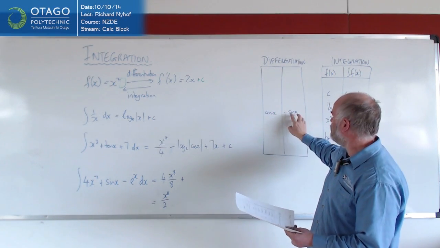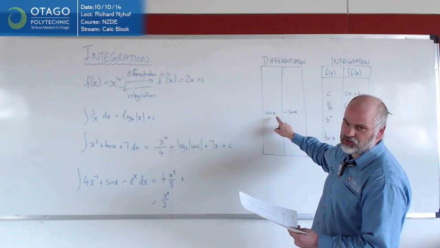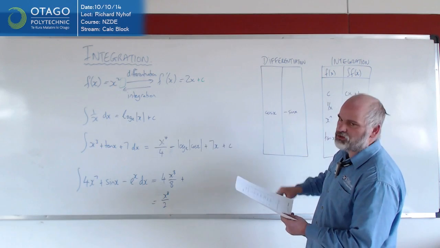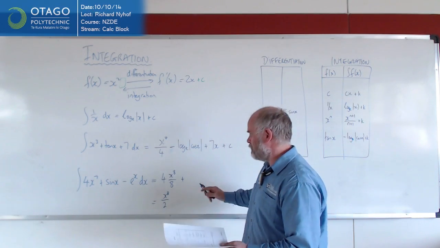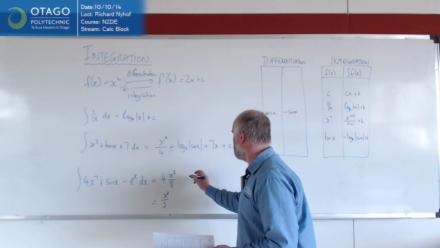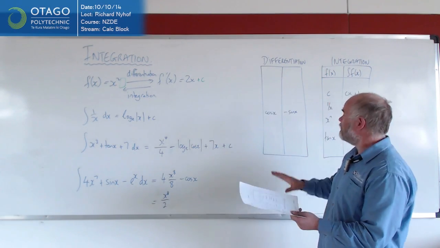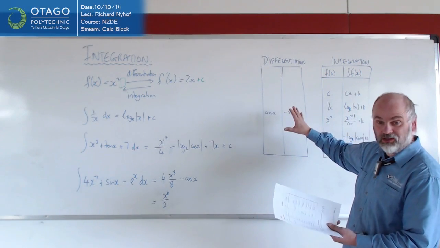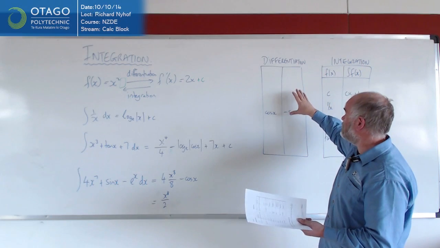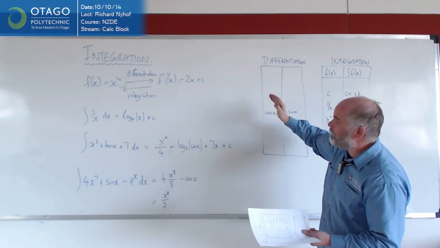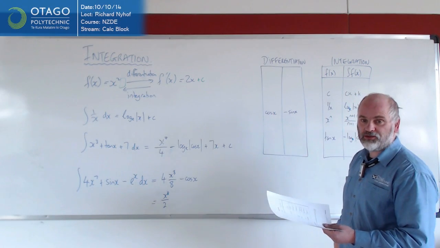So if I want to integrate sine x, I'm going to get cos x, but the plus and minus change. Negative sine x turns into cos x, so plus sine x will turn into minus cosine x. So it's not tricky, it's just that you've got more information than you think you have. The differentiation table can work perfectly as an integration table when you're going that way. Anything on this side, you can integrate onto that side.